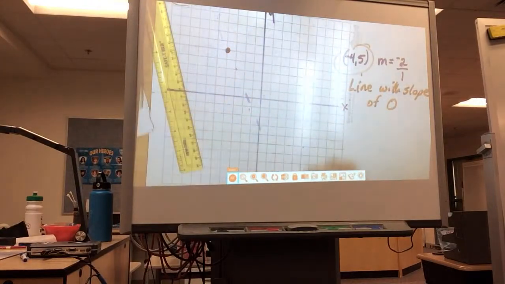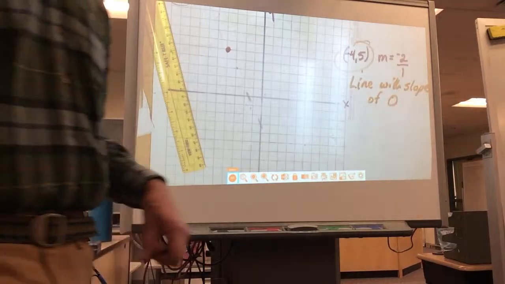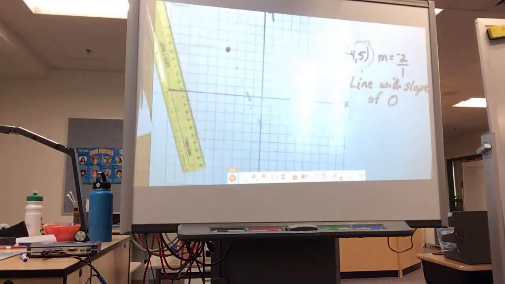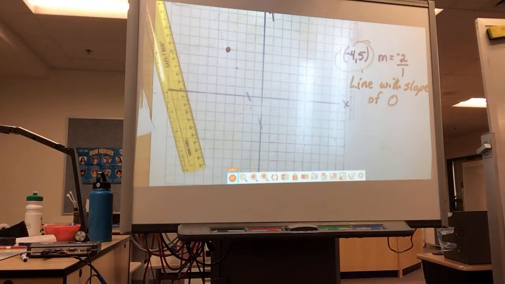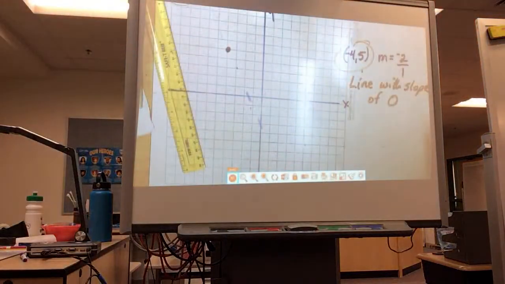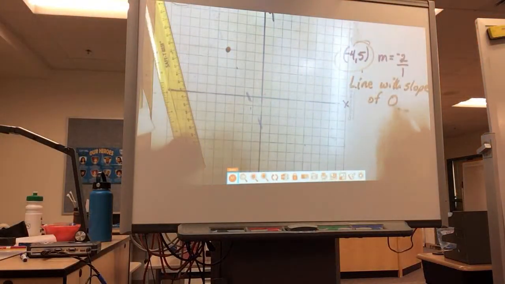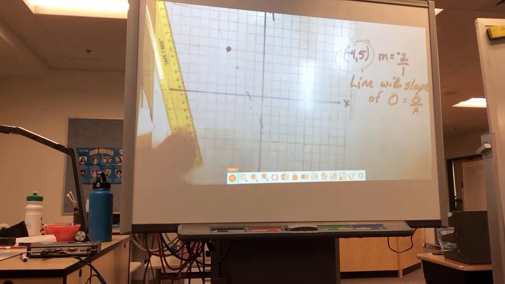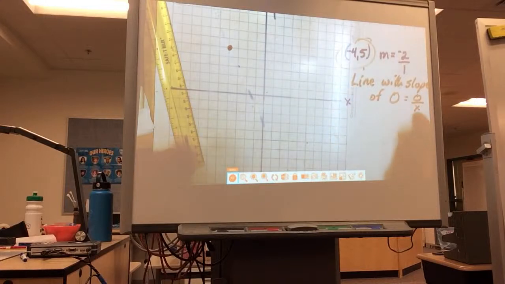How are you going to find another point on a line that would have a slope of 0? Just go straight across. Yeah, because the greater the slope, the steeper the line. So in this case, we can write 0 as 0 over any number at all, as long as it's not 0.